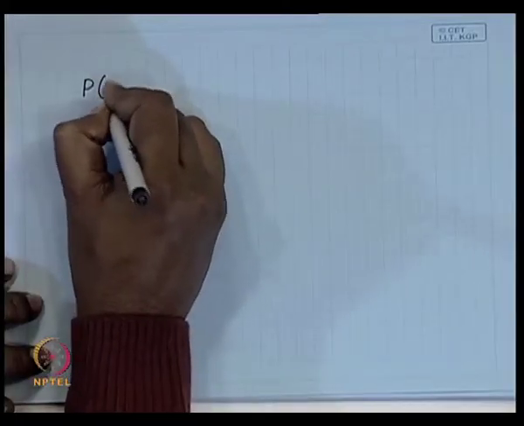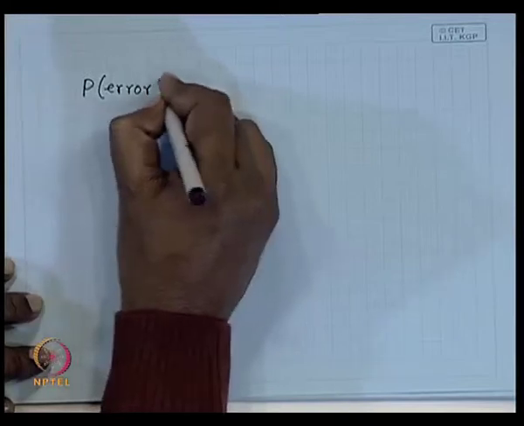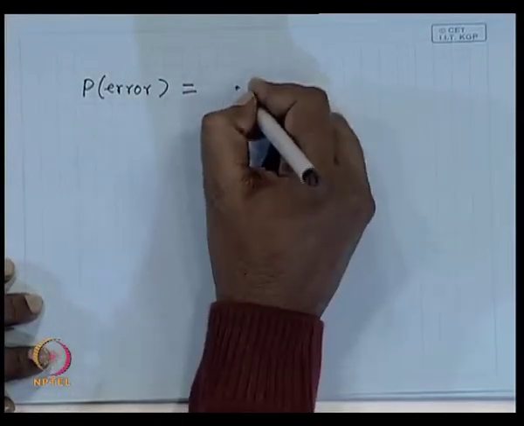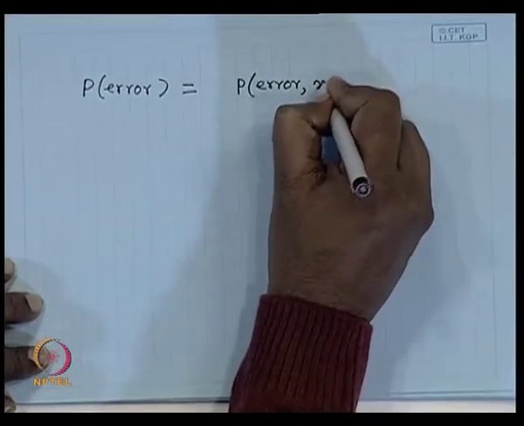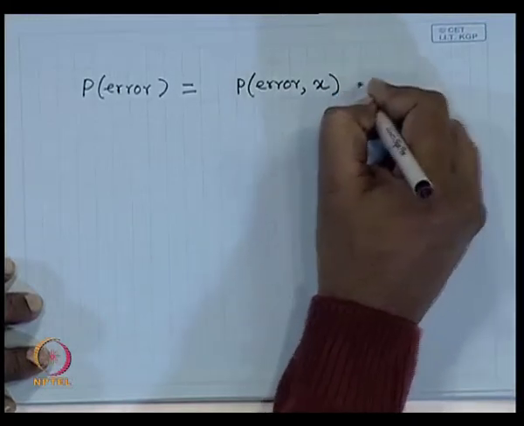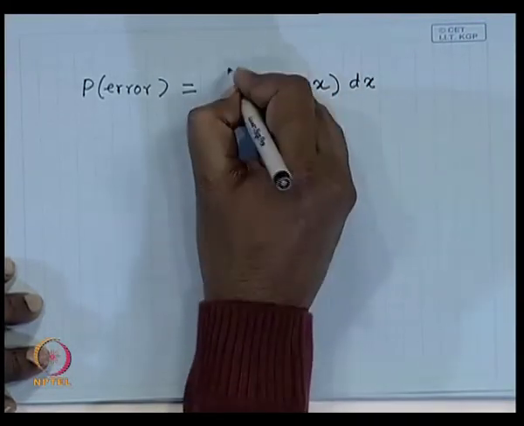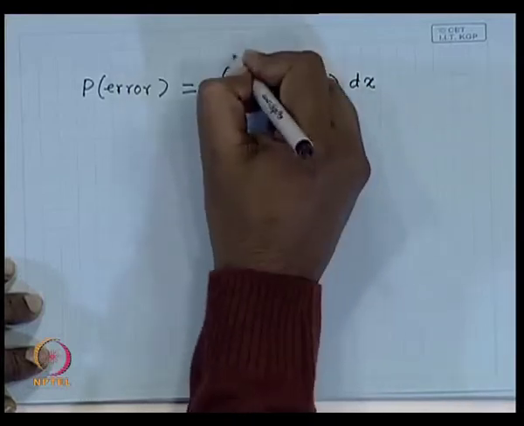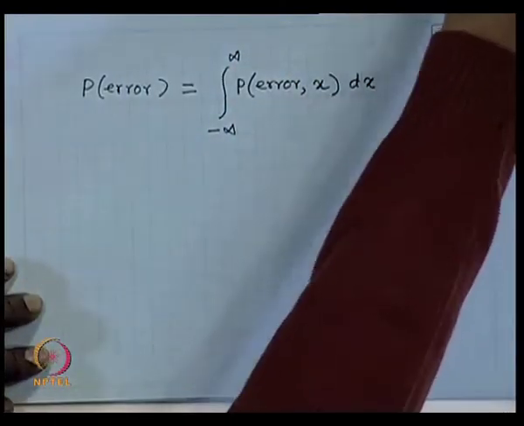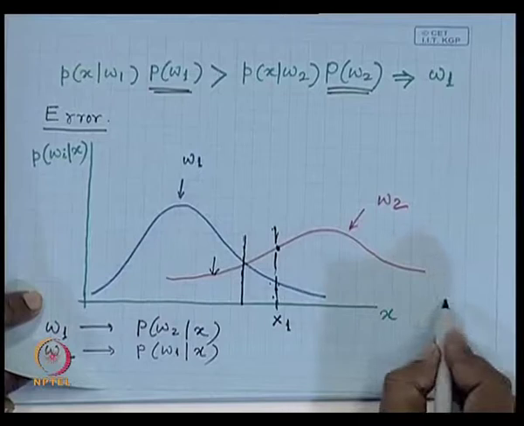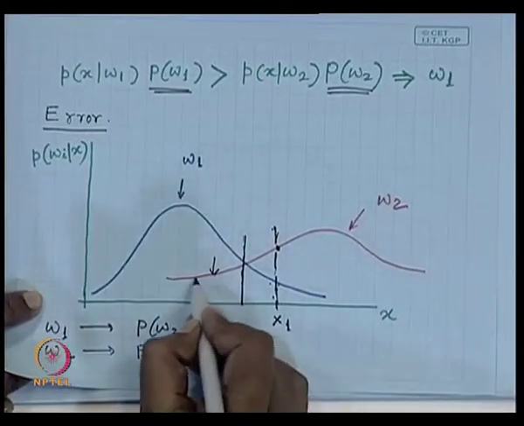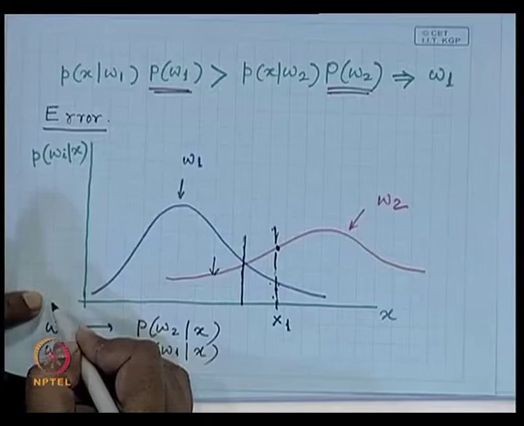That is, the probability of error, p error, is nothing but the joint probability p error for a particular x into dx, where I have to take the integral from minus infinity to plus infinity, because over here you find that asymptotically the error value extends up to plus infinity on the positive side, and extends up to minus infinity on the negative side.